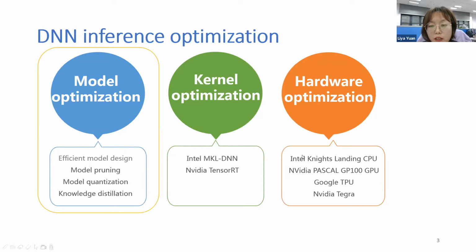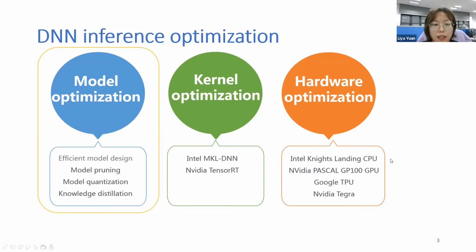For example, the Intel Knights Landing CPU, which accelerates the computation of vectors, the NVIDIA Pascal GP100 GPU, and the Google TPU, which are all designed for DNN networks. And also there are some embedded SoC chips, such as NVIDIA Tegra, which can be used as an edge device.